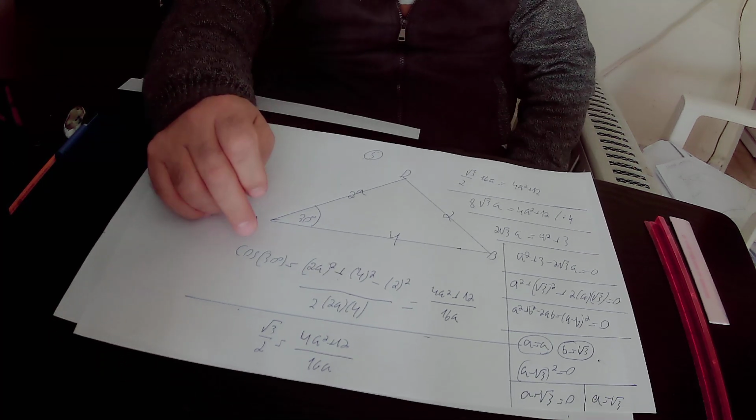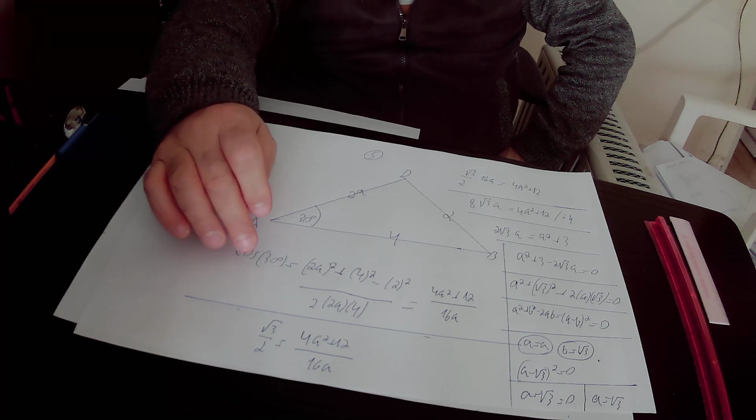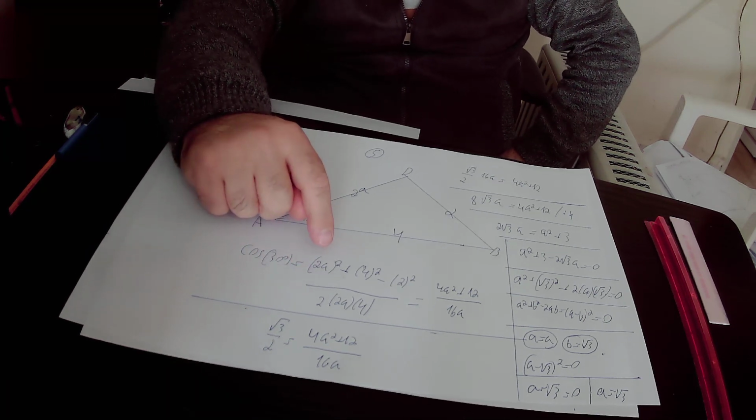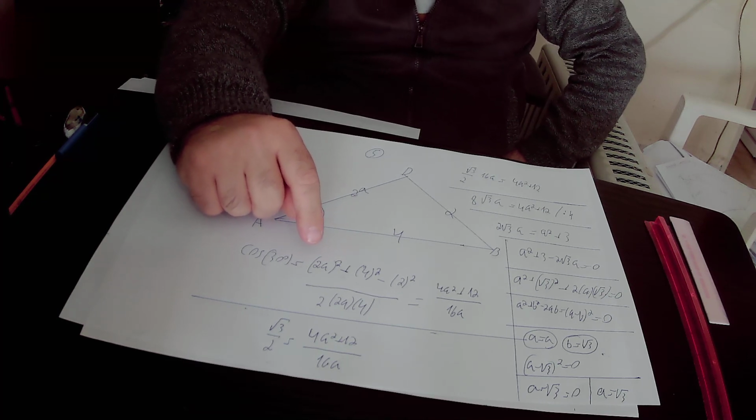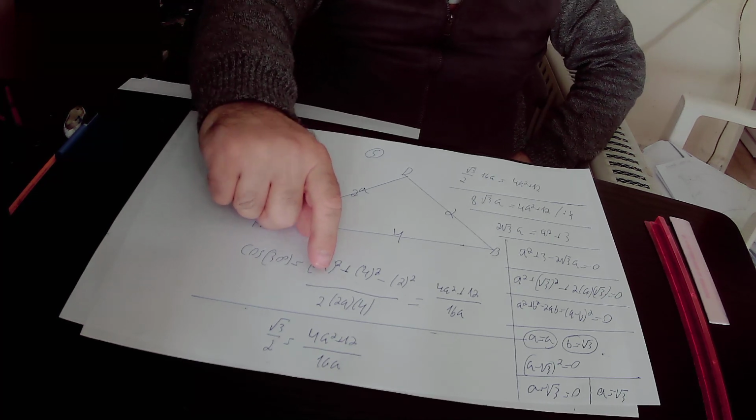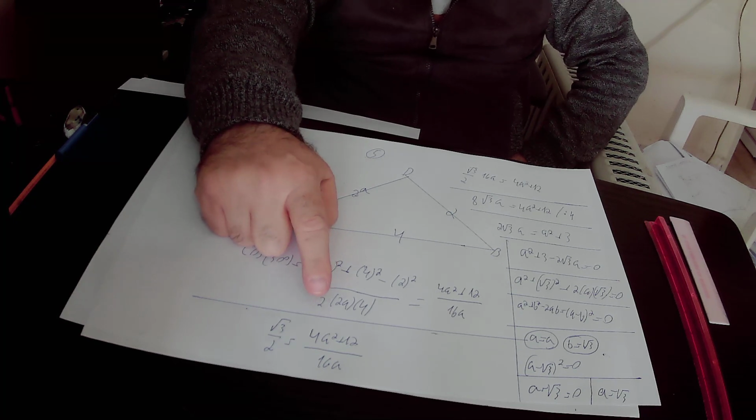So cosine 30 degrees is square root of 3 over 2. 2a squared is 4a squared, 4 squared is 16, minus 2 squared is minus 4, 16 minus 4 is 12, 2 times 4 is 8, 8 times 2a is 16a.